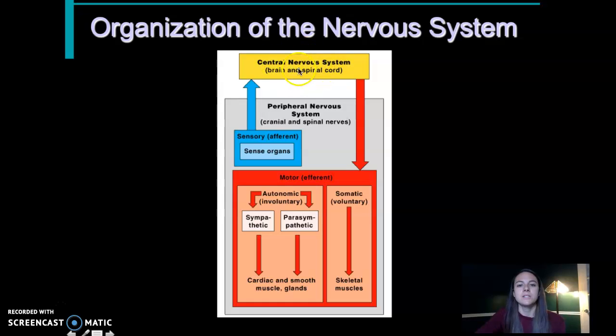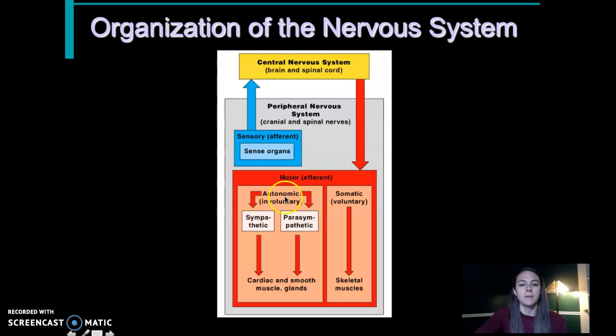And here the information is processed so we can see whether it's worth the energy to pay attention to it. Most of the things that come in, we don't even recognize. And I'm going to show you a clip on that in a minute. And then if it's important to our brain, then it will send a signal out back to the peripheral nervous system, back through the neurons to our muscles or glands, where we'll have some sort of response.